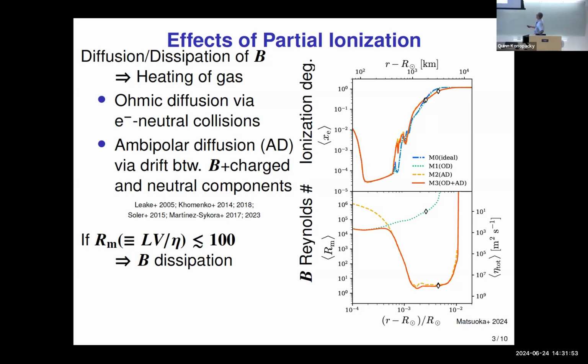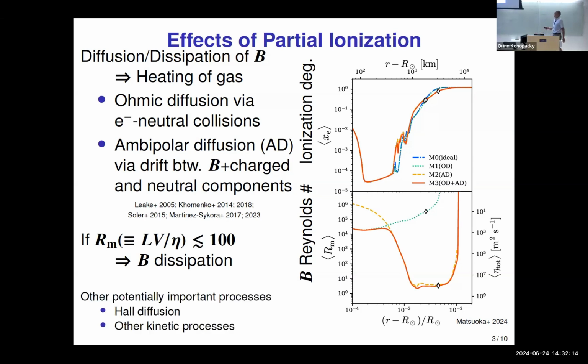In the chromospheric region, this value is quite small, on the order of 10. That means that magnetic diffusion and dissipation should be very important in the thermodynamics in the chromosphere.